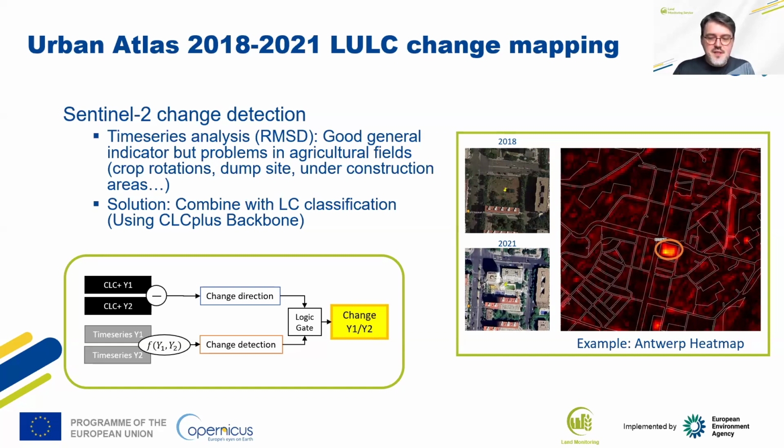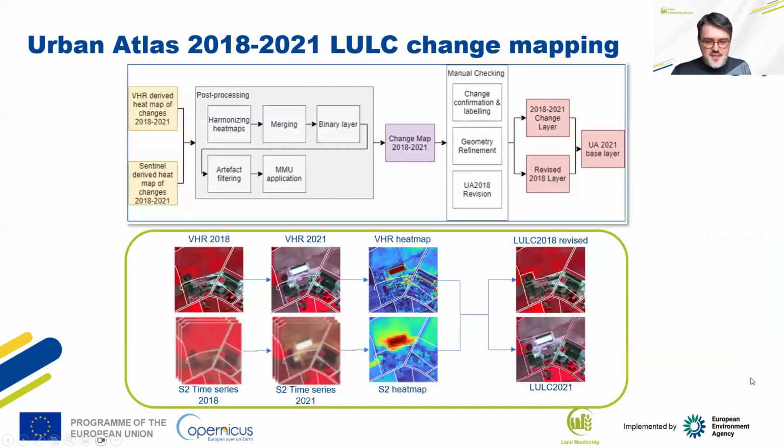Then we combine the Sentinel-2 time series change and the CLC+ change through a logic gate, keeping only consistent signals. You have an example on the right, where areas where buildings appeared between 2018 and 2021 are clearly highlighted in the heat map view. So next slide, please.